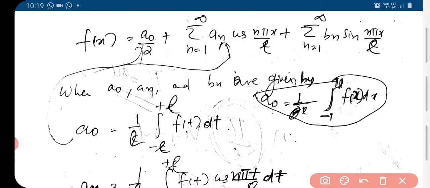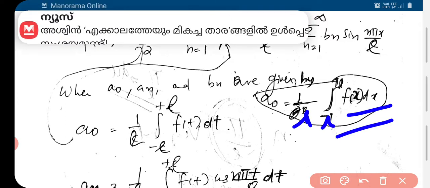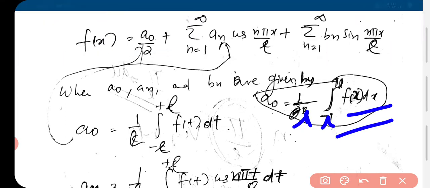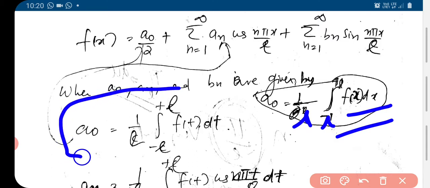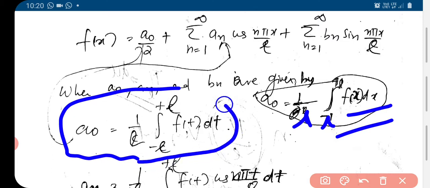The a0 is 1 by L integral from minus L to plus L of f of x dx. As we saw earlier, instead of f of x, we will be using f of t. So we write a0 as 1 by L integral from minus L to plus L of f of t dt.